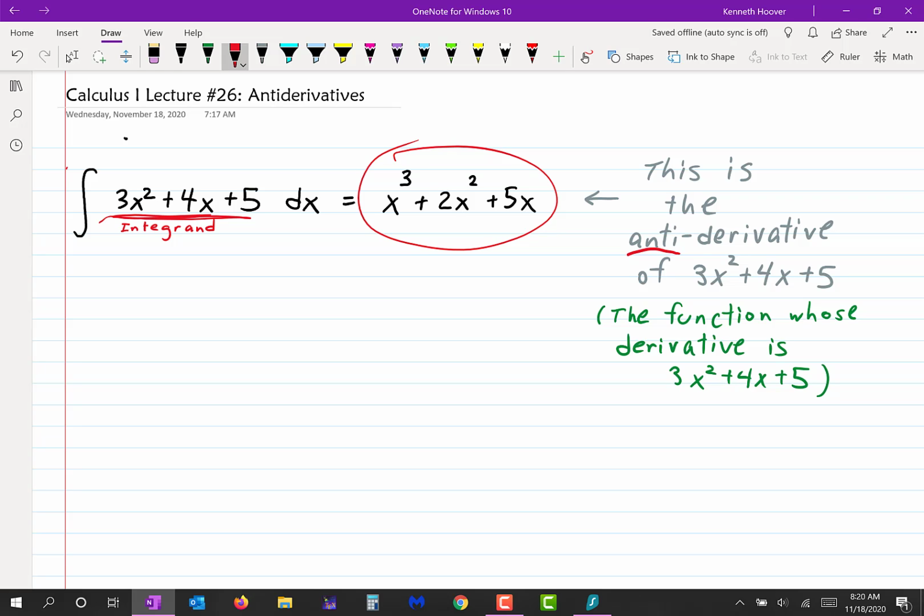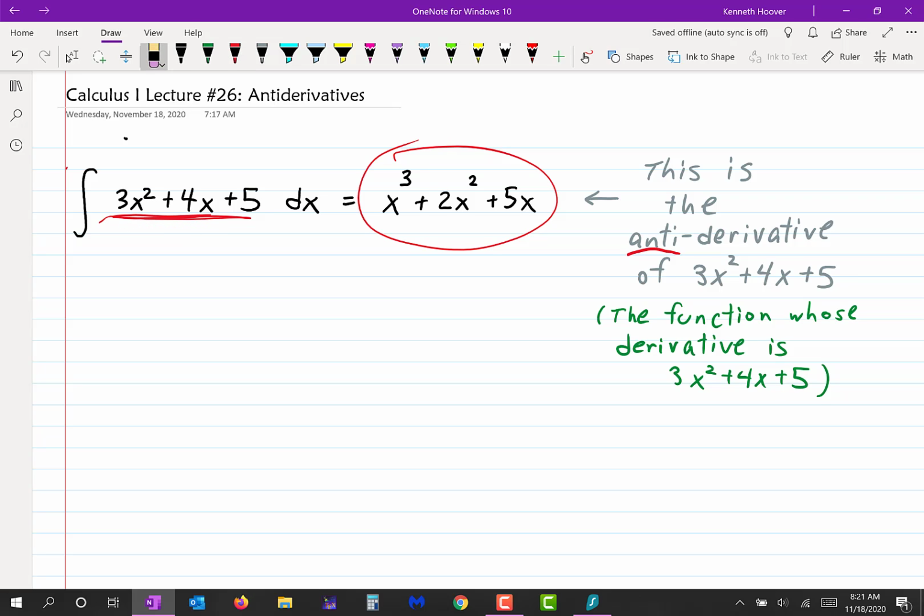Okay, so when you calculate an integral, you're basically just asking your mind to think through a derivative in the backwards direction. And when you write down your answer, you can always check your answer and see if it's right by just doing the derivative of your answer and seeing if you get the integrand. If so, then you have the right answer for the integral. You see how that works?